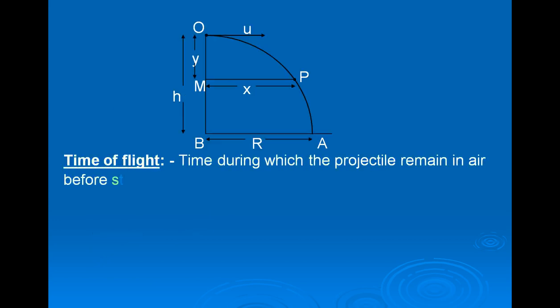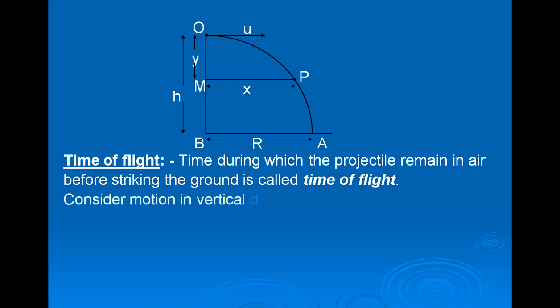Now the next topic is time of flight. The time during which the projectile remains in the air before striking the ground is called time of flight. To find this, consider the motion in the vertical direction.